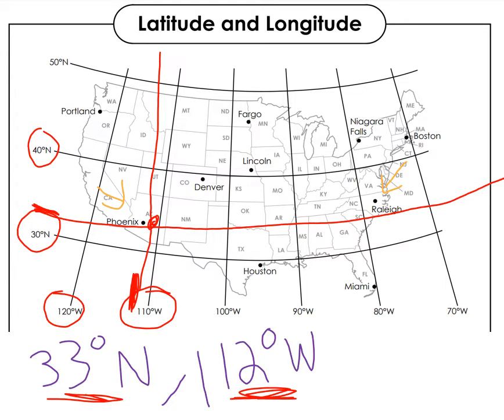Now, I didn't do it perfectly because I don't have a ruler, but it's close enough that you can tell that my answer is going to be Phoenix. Okay, and so that's how you figure it out. So 33 degrees north, 112 degrees west. What city is it? It is Phoenix, Arizona.